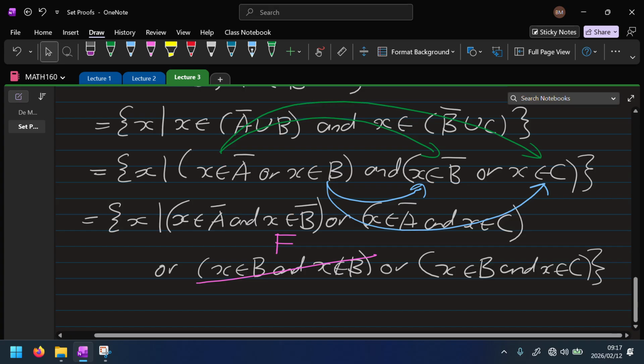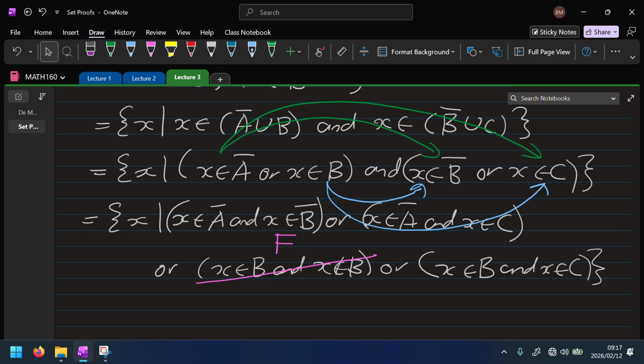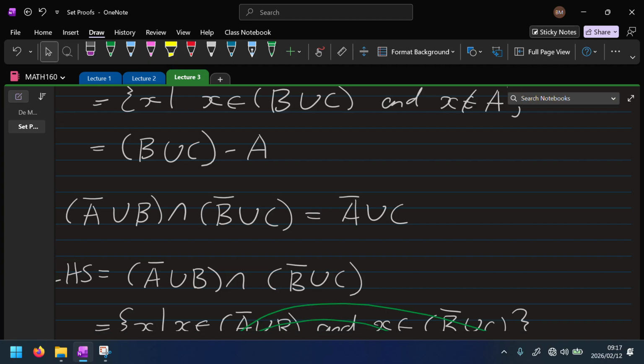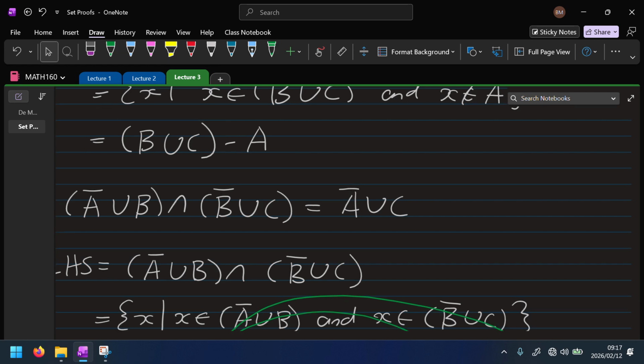So what we want to do now is try and combine this bracket and these brackets over here to get this. So we need somehow to get X is not an element of A or X is an element of C, right? That's what we're aiming for.